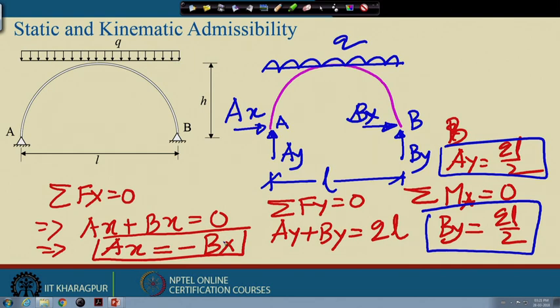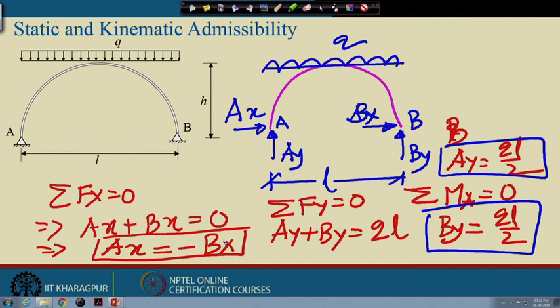As long as Ax and Bx satisfy this equation, that is, Ay is equal to qL by 2, By is equal to qL by 2, and Ax and Bx are such that Ax is equal to minus Bx, if it happens for some Ax and Bx, then we say these forces, these reactions, are admissible. It is called statically admissible.